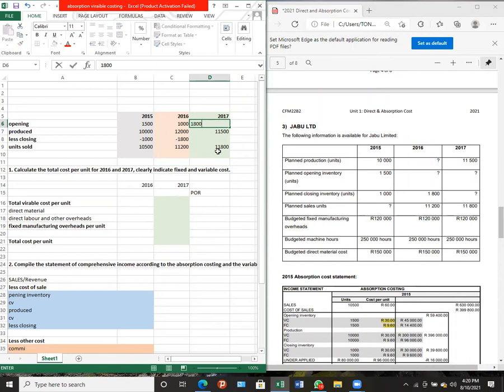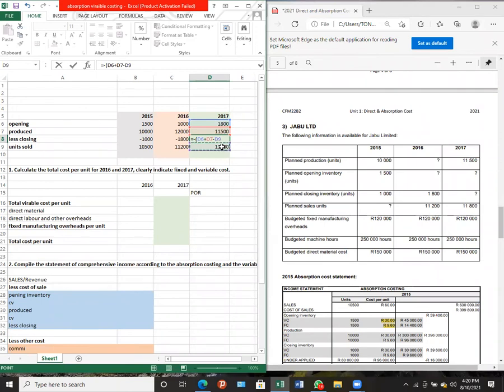I repeat again, guys. The closing balance for the previous year is going to be the opening balance for the following year. And then here, how to calculate the closing balance, guys. I give you the formula: to calculate the closing balance, you take the opening plus produced less units sold.